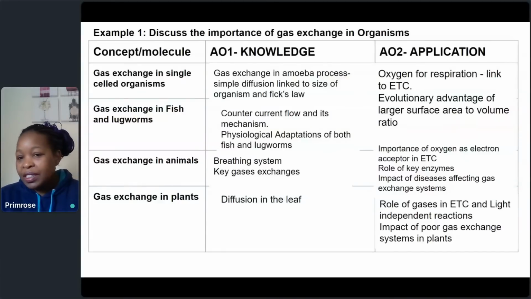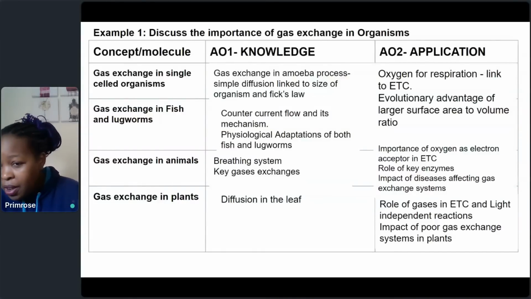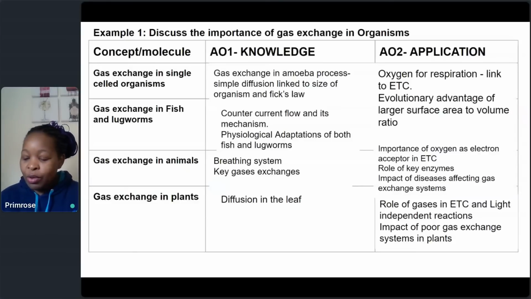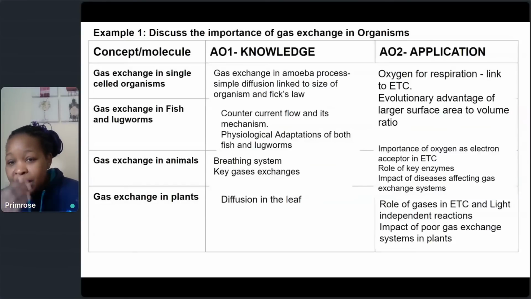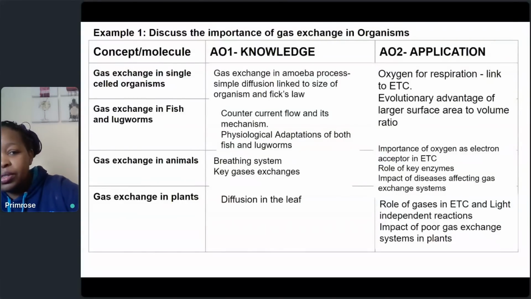Yes. So the reason I've put it in each part is so that you know that you could talk about the ETC all throughout. So for instance, if I mention the ETC, I'm not using the concepts as single concepts, and I could be talking about all of them at once.